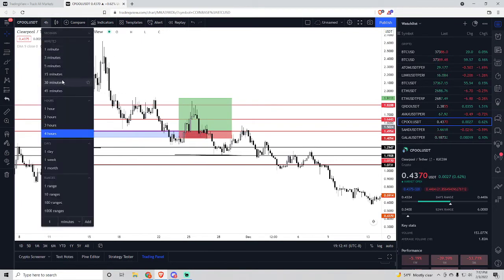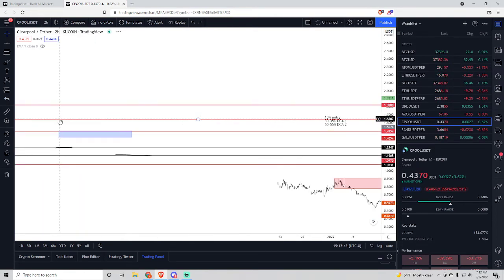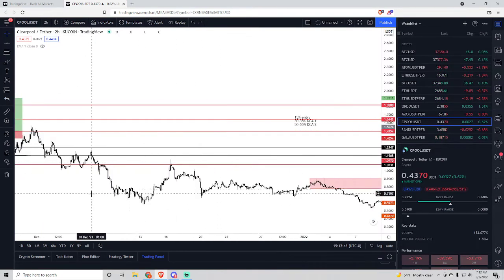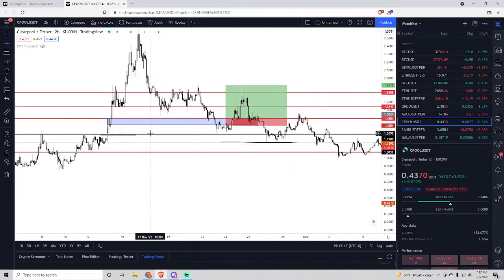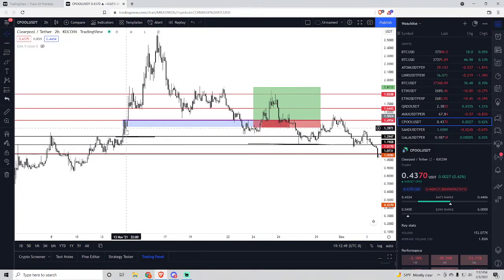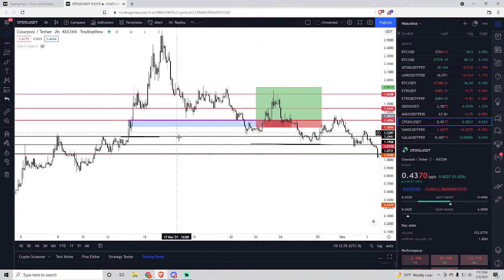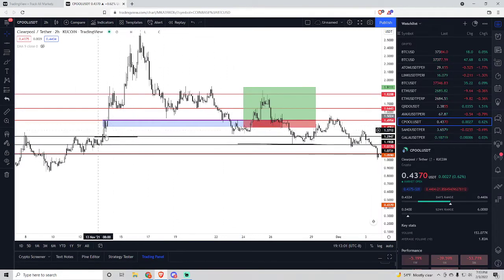Now, if you look at it on a 2-hour or a 1-hour interval, yes, you're going to have more candles consolidating, but the lower time frame you get, the weaker the zones are going to be. So you want a good amount of consolidation from your candles.